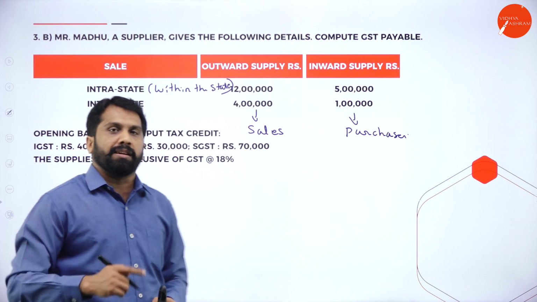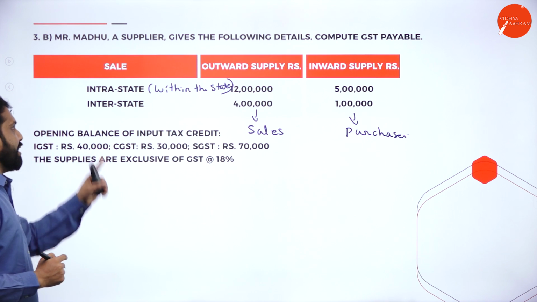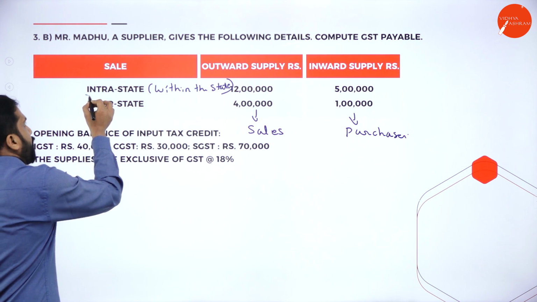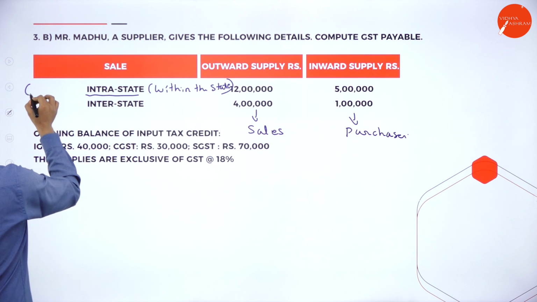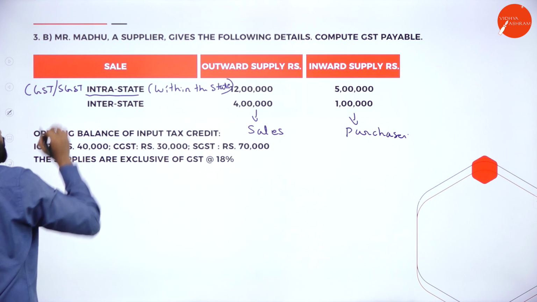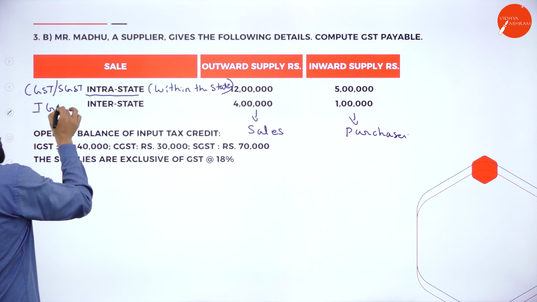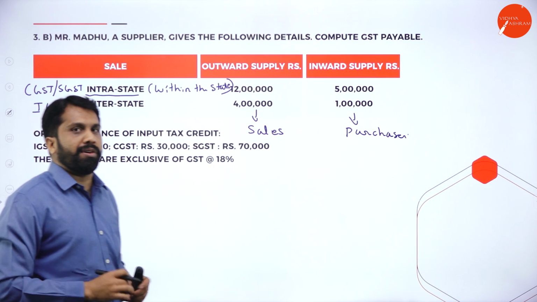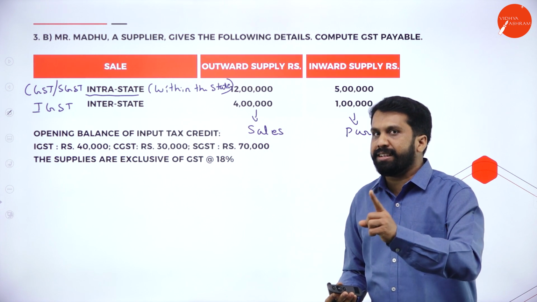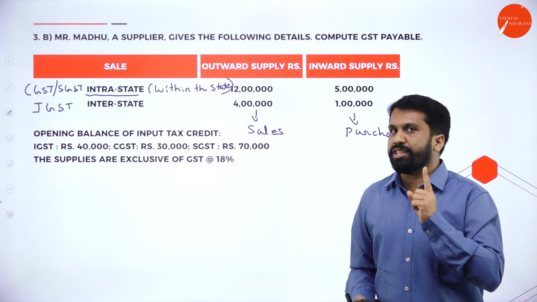Karnataka to Tamil Nadu, Tamil Nadu to Andhra. These kinds of sales, we call interstate sales. For intrastate, we get CGST and SGST. For interstate, we get IGST. Remember this, very important. For intrastate, we calculate CGST, SGST. For interstate, we calculate only IGST.